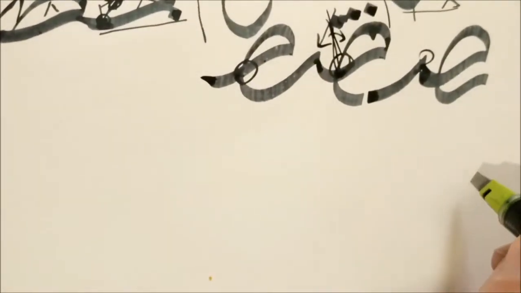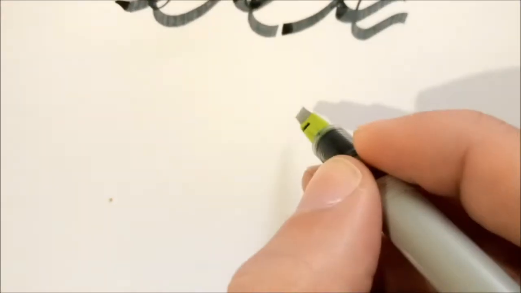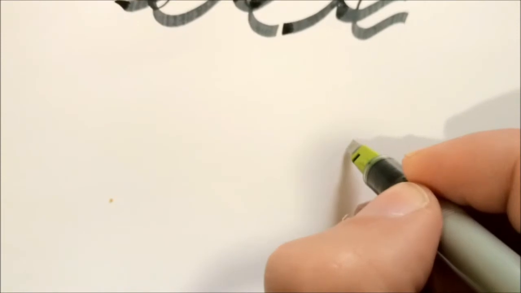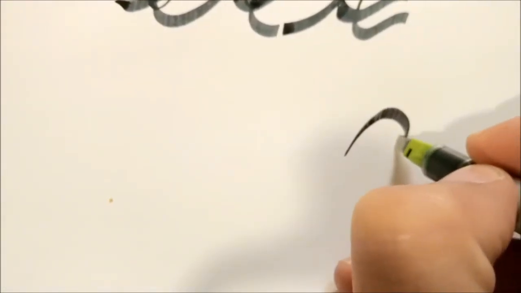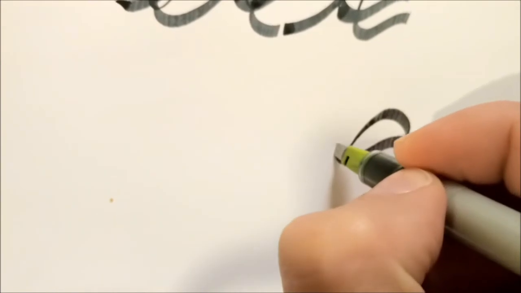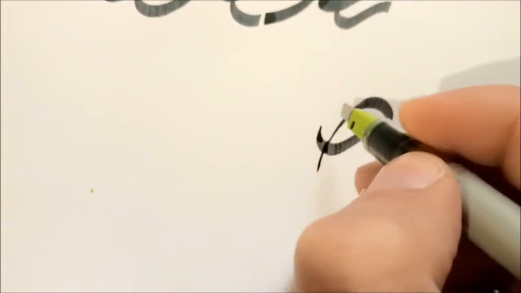Now let's write some examples. For example, if we had Sabir, here we are going to see a connection between the Sad and the Alif. When you connect, this part goes down, the first part, but you do it afterwards so that it's easier for you.